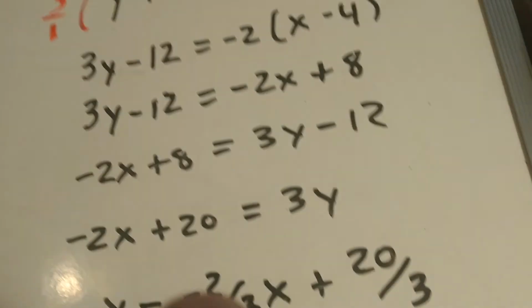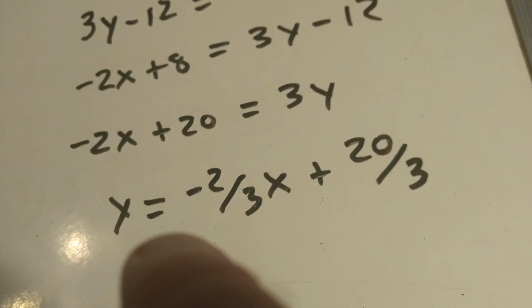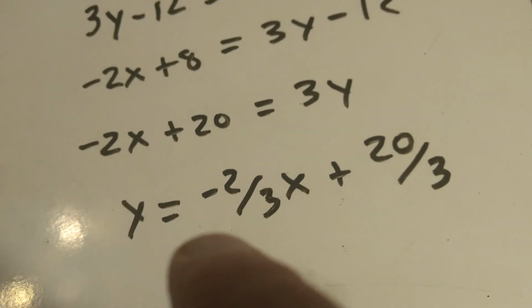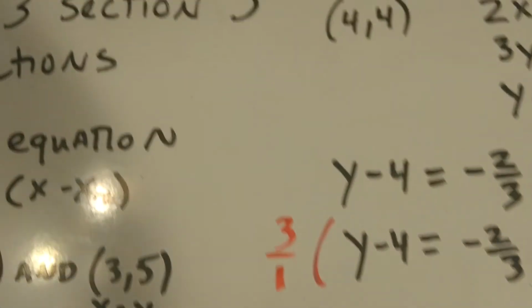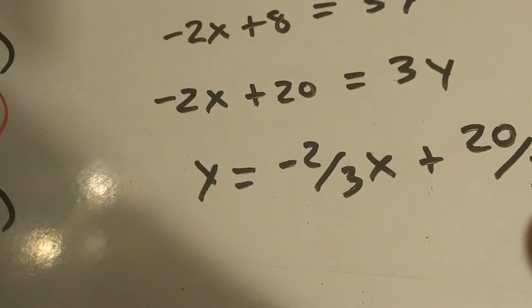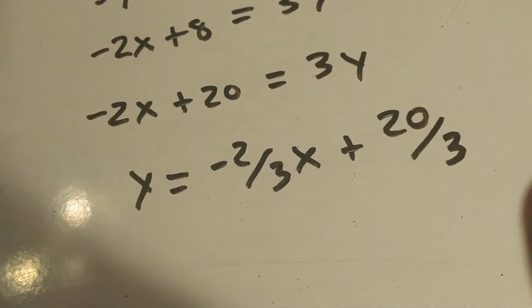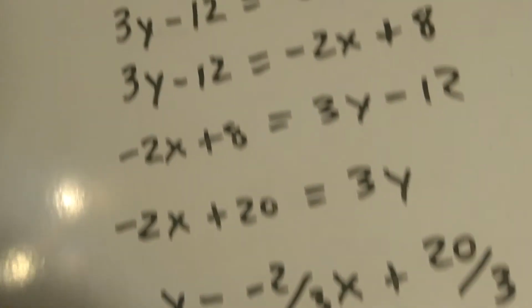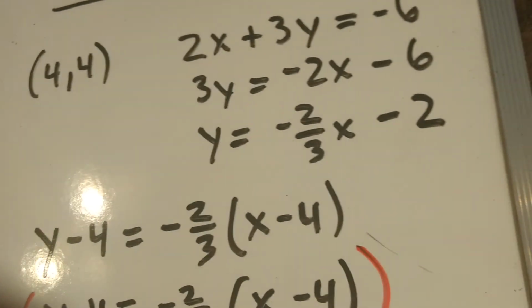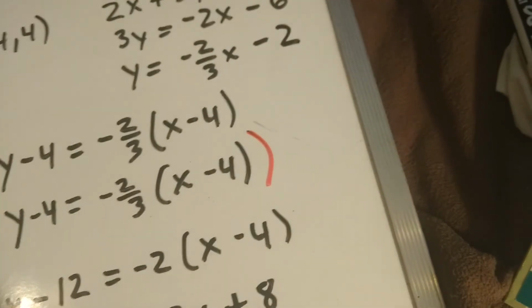Now I'm going to add 12, which gives me 20, then divide by 3. And now I have the equation of the line going through the point 4, 4: y equals negative 2/3 x plus 20/3. Notice the equation of this line, negative 2/3 is the slope. The equation of the line that was given to us in the problem, negative 2/3.